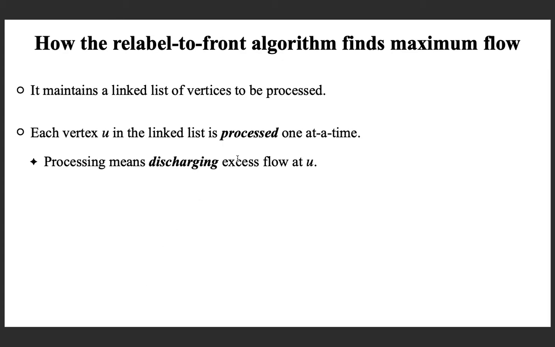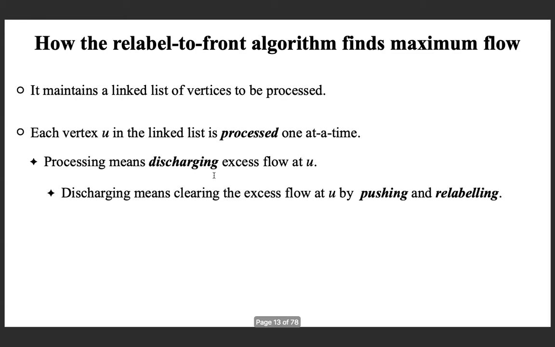Here, processing means discharging the excess flow at that vertex, and discharging means pushing or relabeling. If u is a vertex with some excess flow, if push is enabled, then push will be used to discharge, or relabel will be done at that vertex so that it gets a possible edge through which you can discharge.